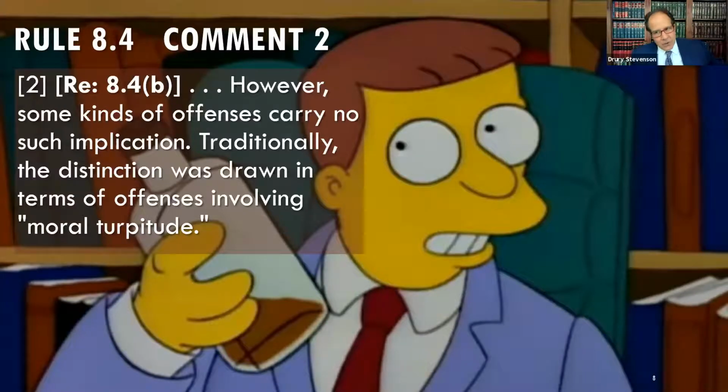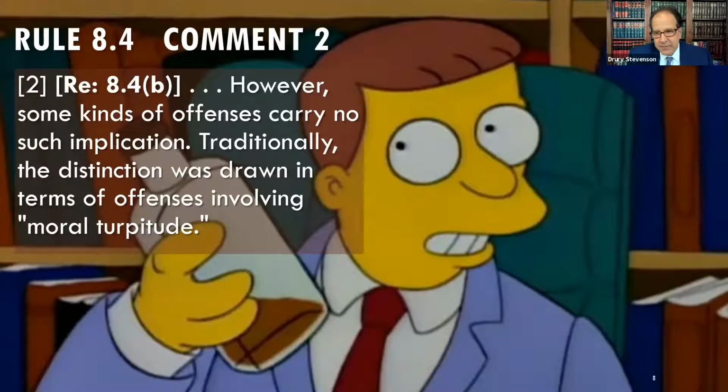And in the old days, before the model rules and when we had earlier versions of lawyer ethics codes that a lot of states used, the distinction was drawn in terms of the offense involving moral turpitude. So not every regulatory offense or violation of an ordinance or traffic violation would count as a violation of 8.4 and subject you to discipline.